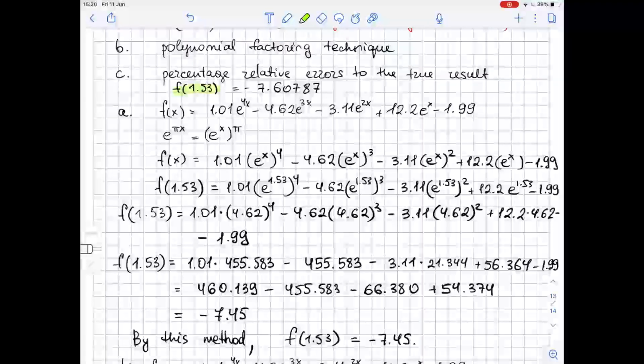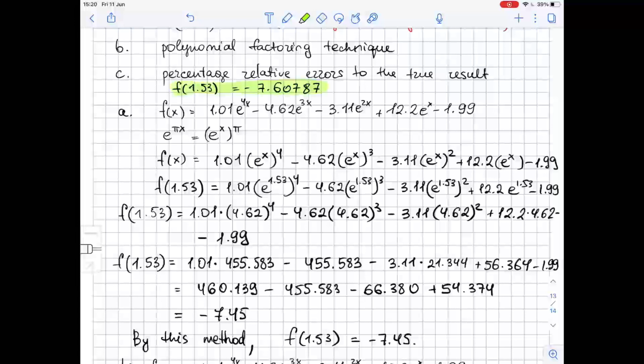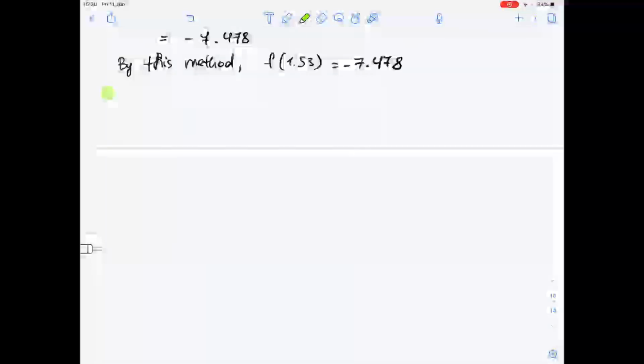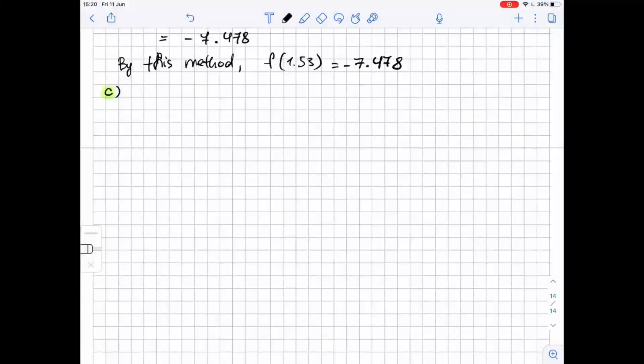Well, now in part C, we need to calculate percentage relative errors to the true result, and we are given the true result here. So the true value of f of 1.53 is negative 7.60787. So to calculate the percentage error, we usually use the letter sigma to write it down, and we will use the formula of percentage error, which looks like this.